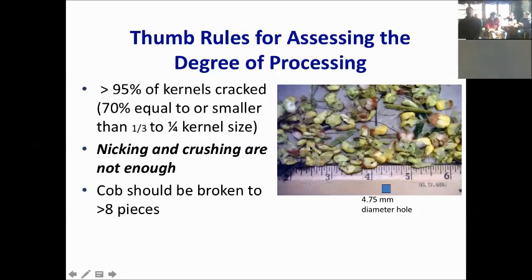And so this means that nicking and crushing are probably not enough, okay? And that's kind of sobering to me when I look at the size of a diameter of a 4.75 millimeter screen, and the screens that these things go through are square, they're not holes, but they're 4.7 millimeter diameter holes. And here's a ruler, and you can see how big these kernels are.